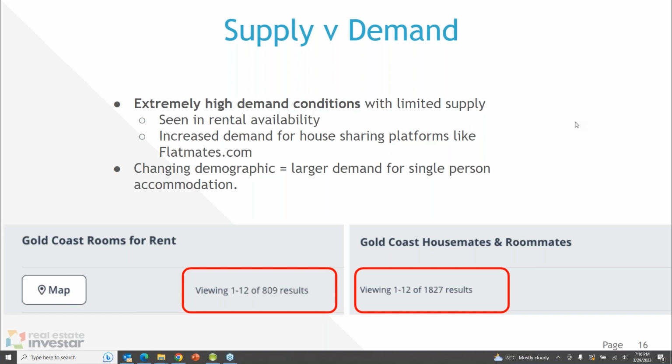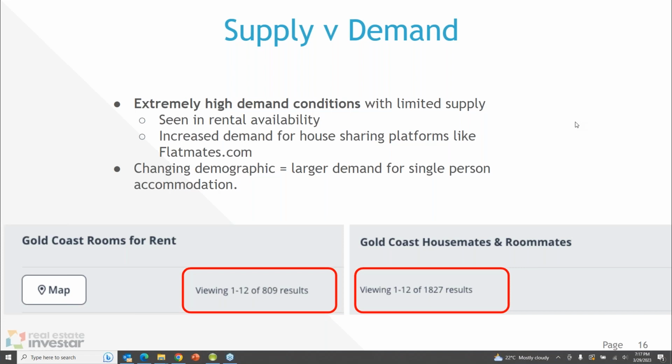One way to check that is to go on a platform, flatmates.com, for people renting a room or looking for a flatmate to share. We've all heard about shared accommodation, and this is really the next step up from that. Just today we did a search on flatmates.com on the Gold Coast for rooms under $350 per week. That's one room to share in a house.